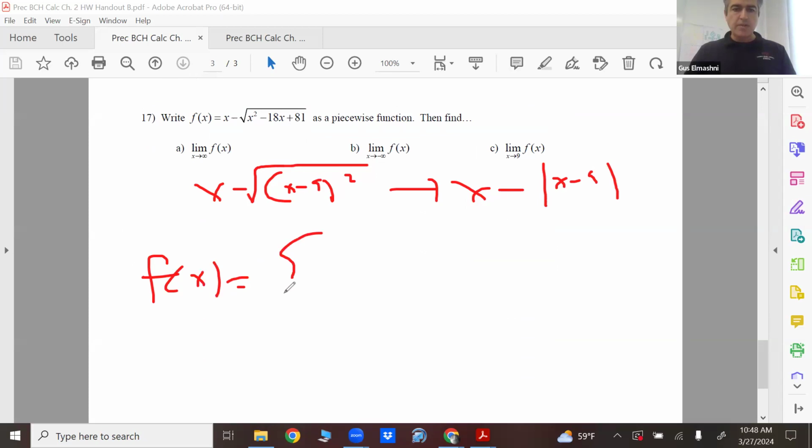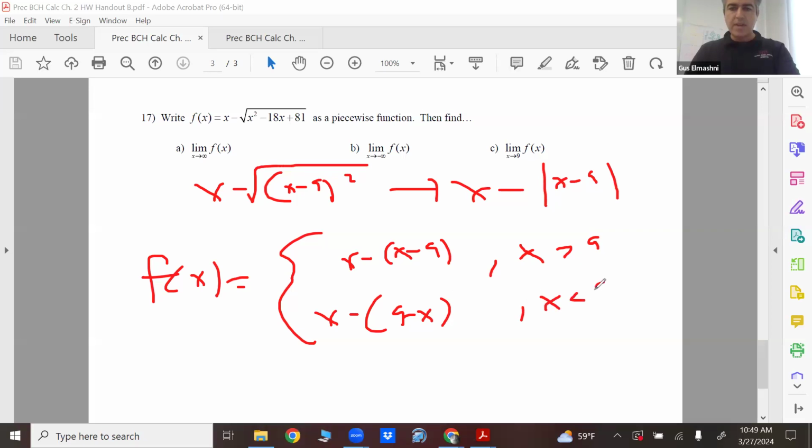If I write it as a piecewise function, it's x minus (x minus 9) if x is bigger than 9, or it's x minus 9 minus x if x is less than 9.